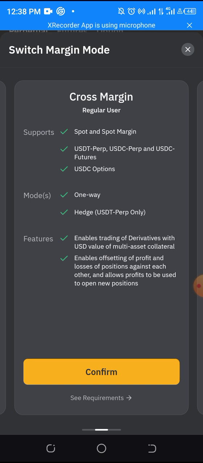That is, if you were having like 100 and something dollars in your account, and after losing your $50 bonus the margin was not enough, they are going to use the remainder of your balance to hold that trade for you for as long as you want to hold it. So it is very risky to use cross margin, except you have that risk appetite.